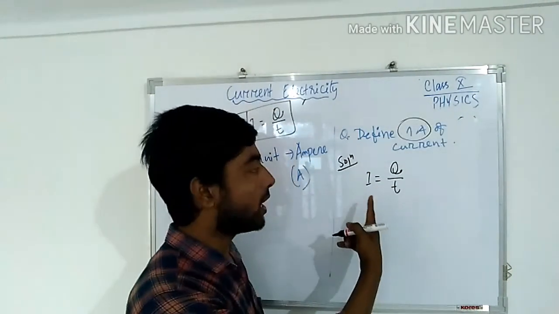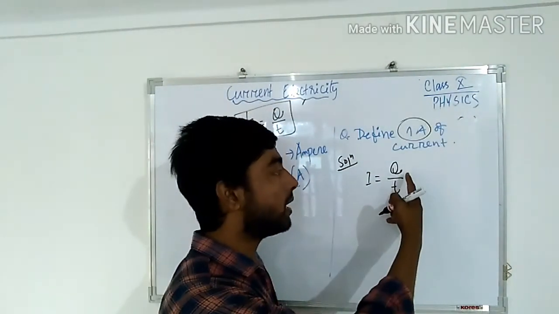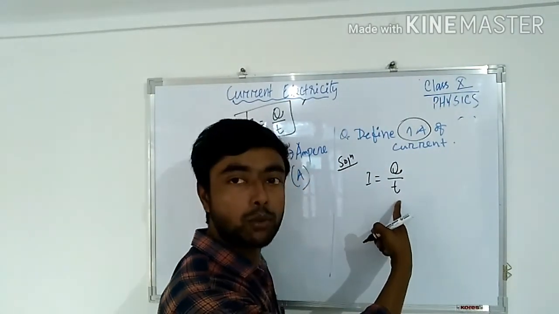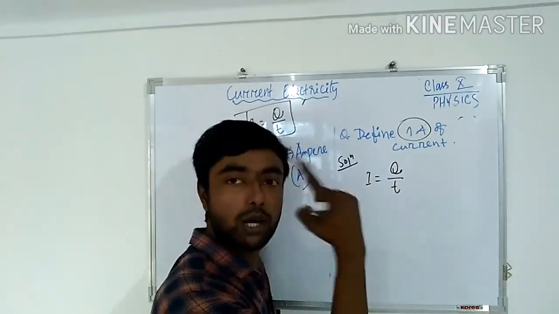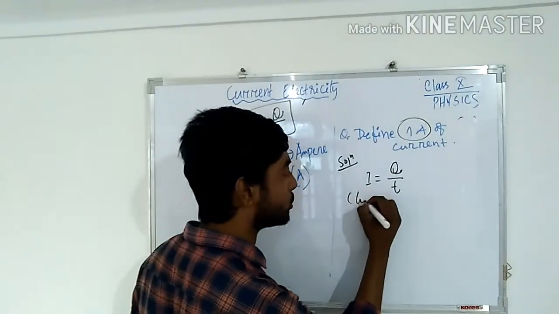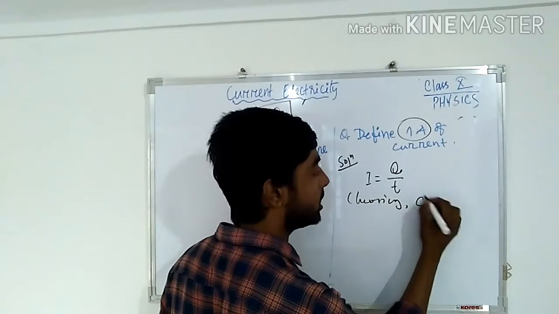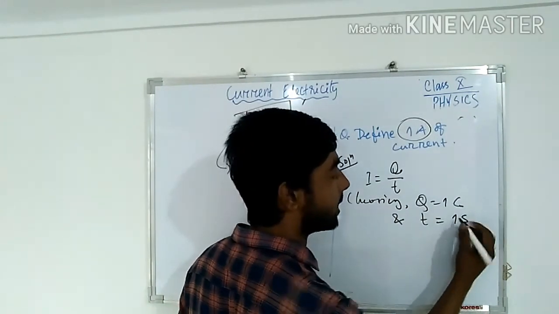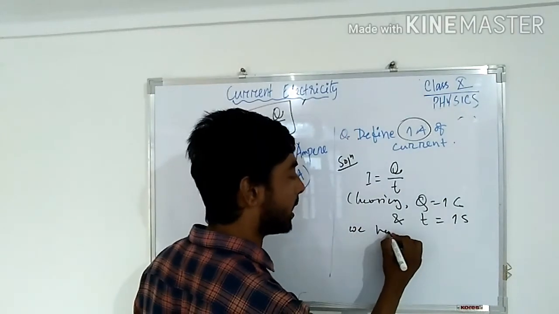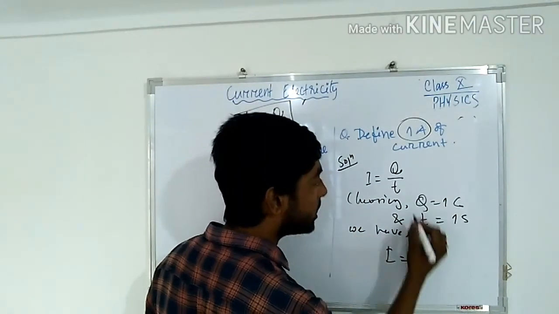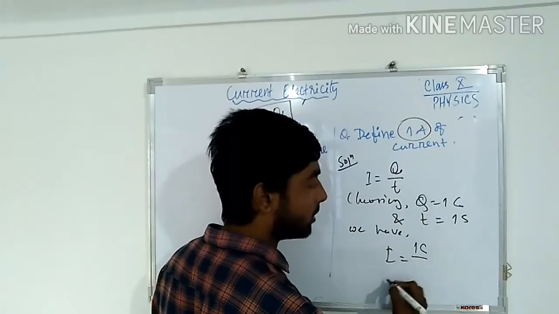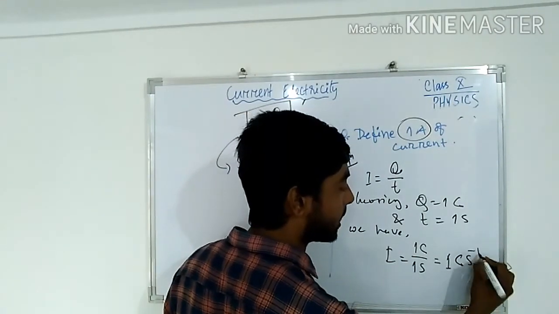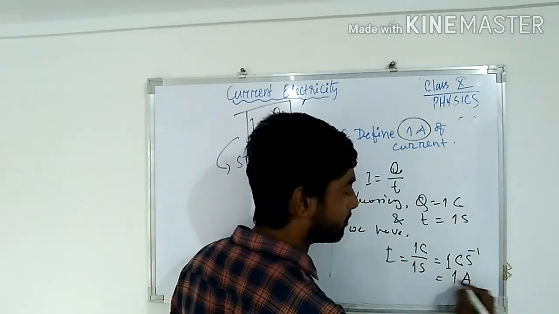If I put Q as 1 coulomb and T as 1 second, the value of I will be 1 by 1. So we choose Q equal to 1 coulomb charge and T equal to 1 second. I is equal to Q by T means 1 coulomb divided by 1 second, which is 1 coulomb per second, and that is called 1 ampere.